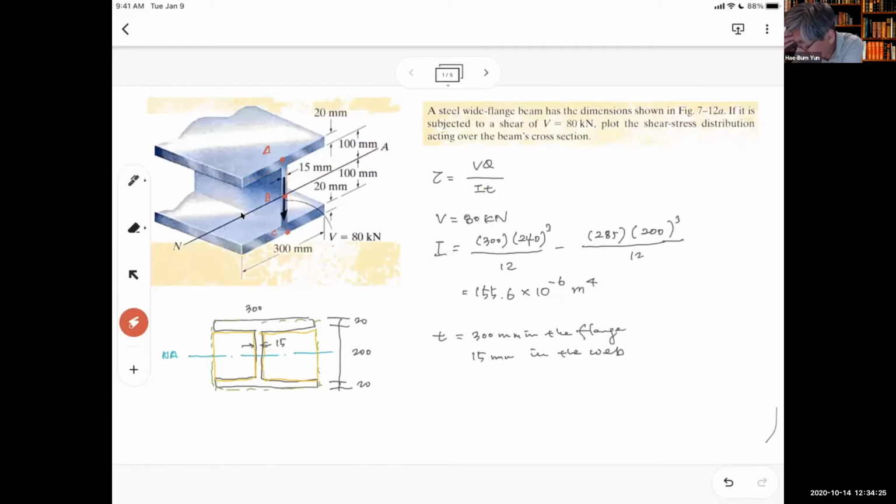And can you guess where we're going to have a larger shear stress? Is it in the flange or is it in the web? In the web.